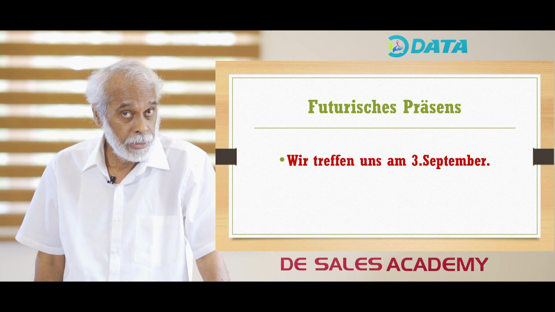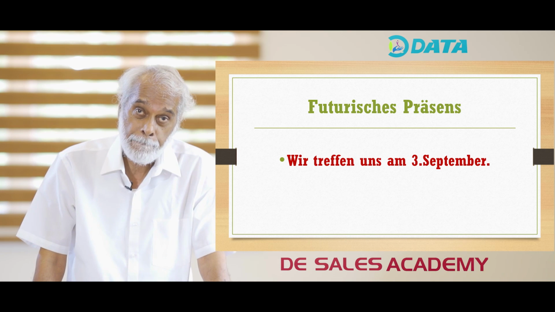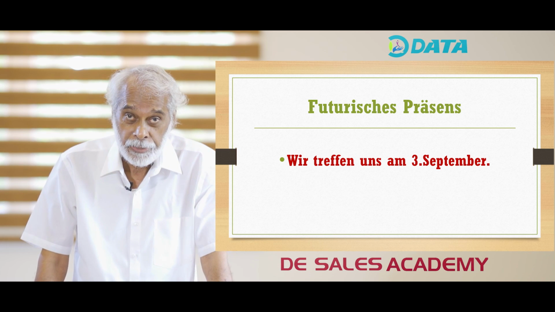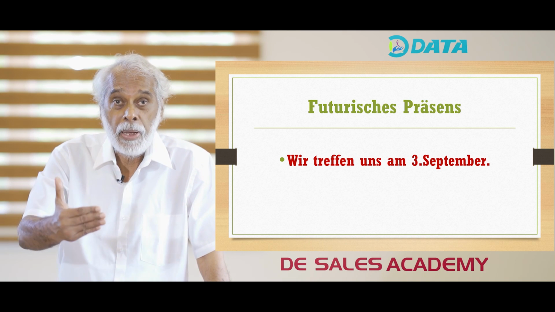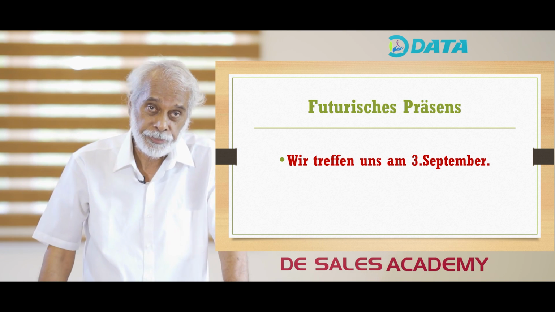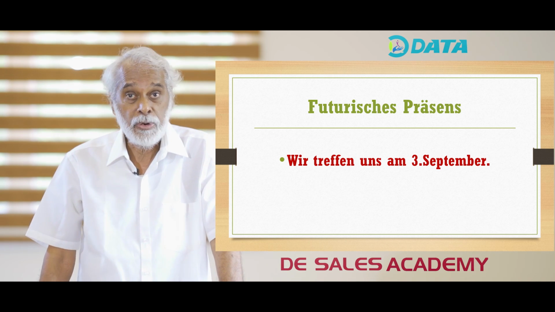Then there is something called the futurisches Präsens. A present tense which implies the future. Beispiel: Wir treffen uns am 3.